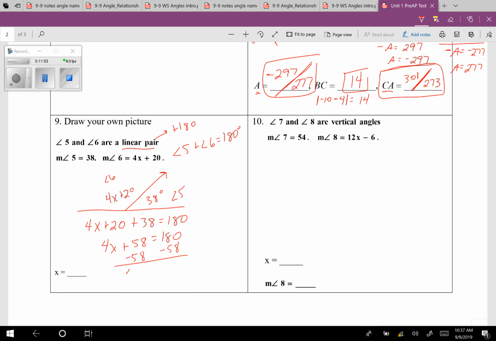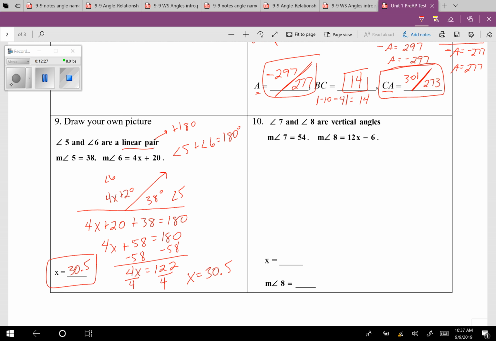Okay, it's 4x is 122, and then divide by 4. And you get that x is 30.5. Sorry, I'm just going through and double checking my math as I'm doing it from my key. So x is 30.5. That's all they asked you to figure out.